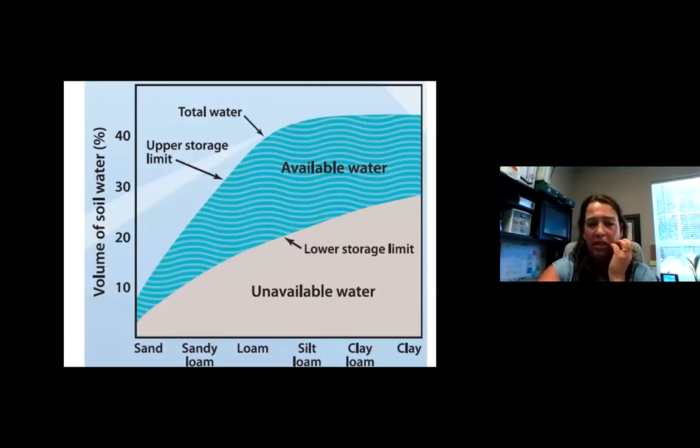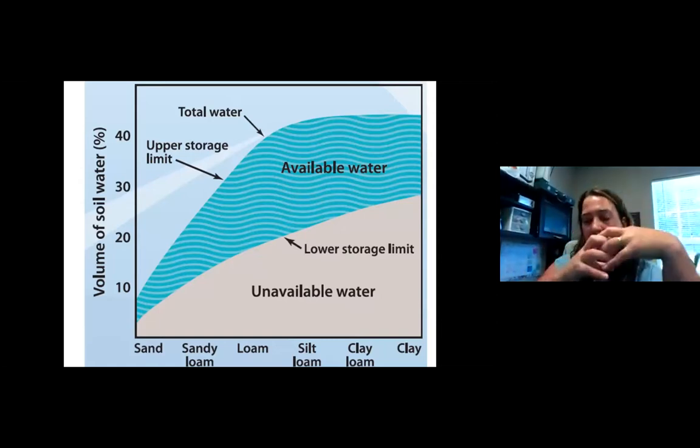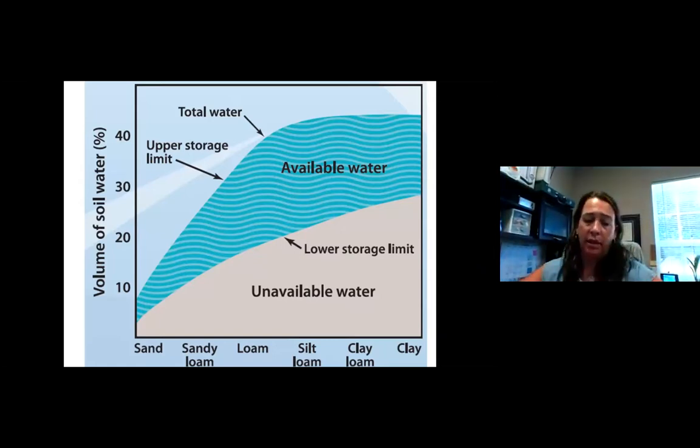So this is another representation of that same idea. Because soil particles can hold on to the water, especially clay, it just gets tied up. And so typically 1 inch once a week is sufficient for irrigation for these heavy clay soils.